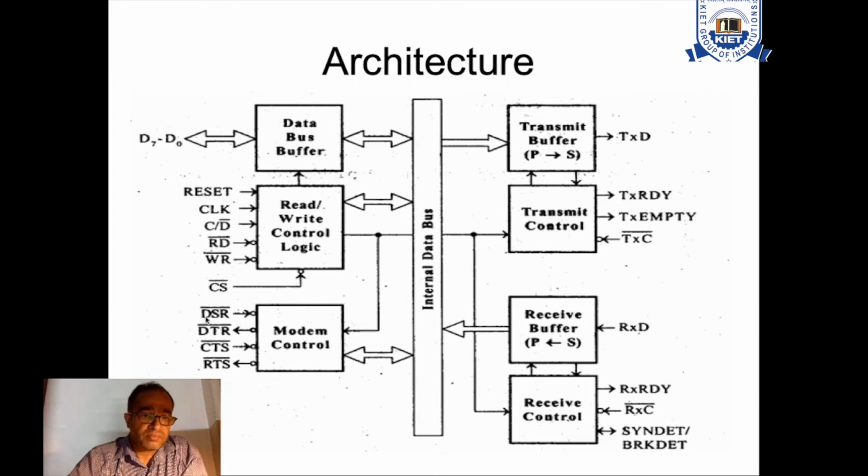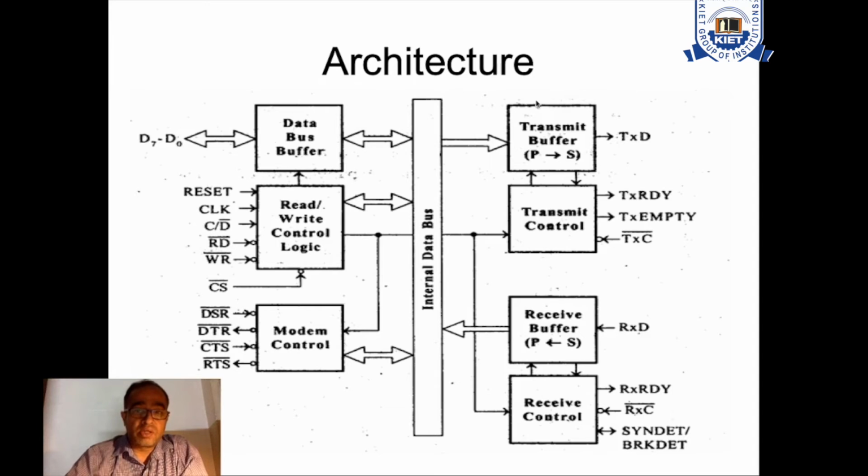Now, DSR, DTR, CTS, and RTS are the modem control. Modem control is used for serial data transmission. There, we have the data buffer, which is used for transmitting data into the channel and receiving data from the channel.